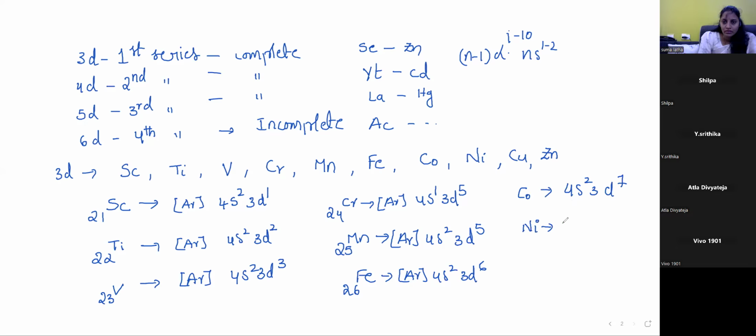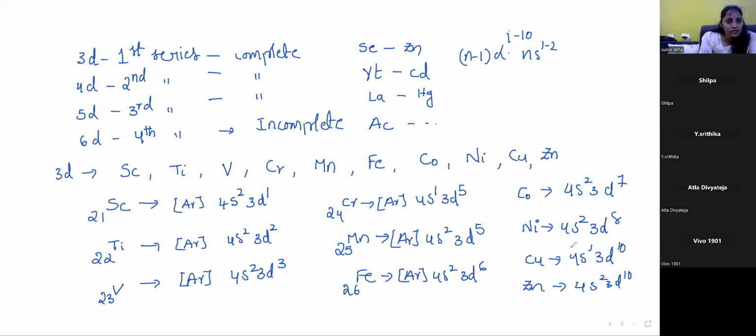Nickel: 4s2 3d8. Copper: 4s1 3d10. Can we write like this? Yes, we can. Next, zinc: 4s2 3d10. Clear, all of you?